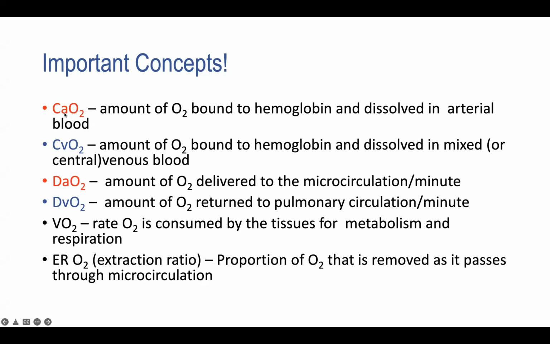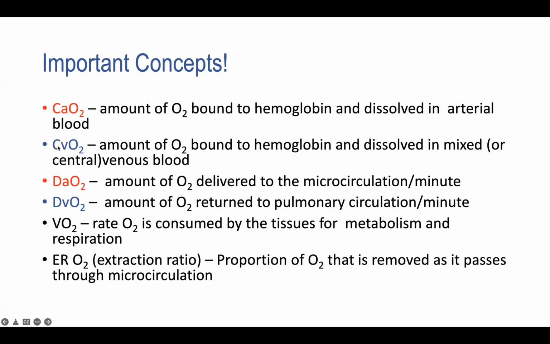So first of all, you see the letter A, that always means arterial. Capital C, CaO2, is content of arterial oxygen, which is a calculation of total oxygen based on oxygen bound to hemoglobin and dissolved. So that would be your SaO2 and your PaO2.